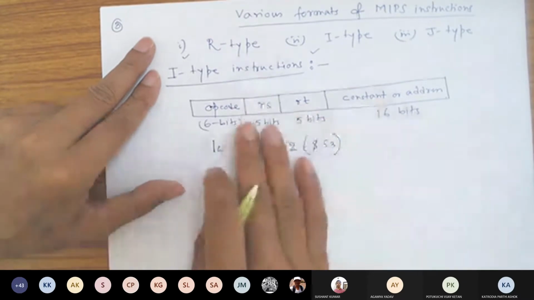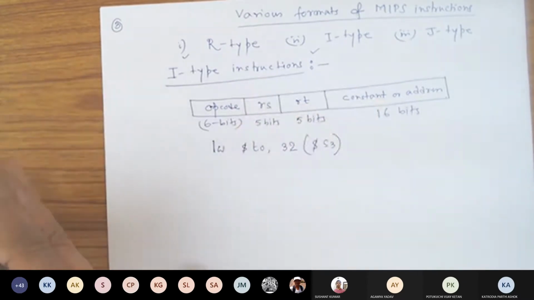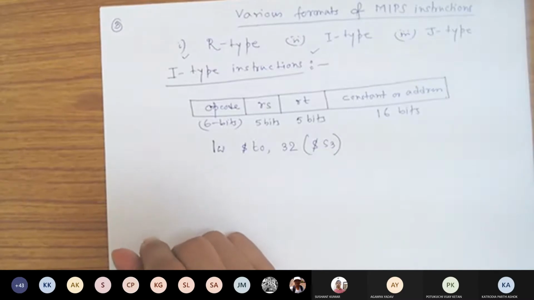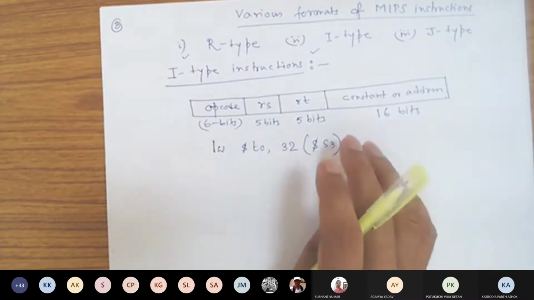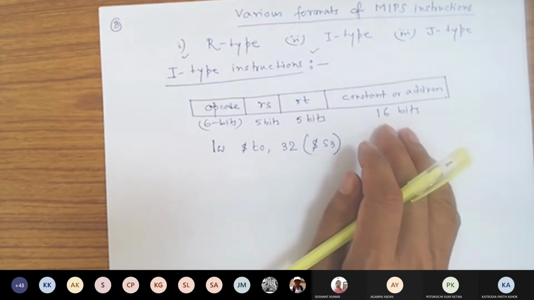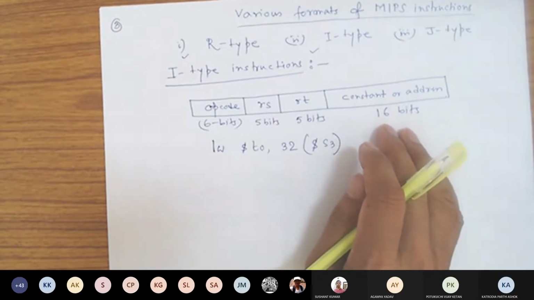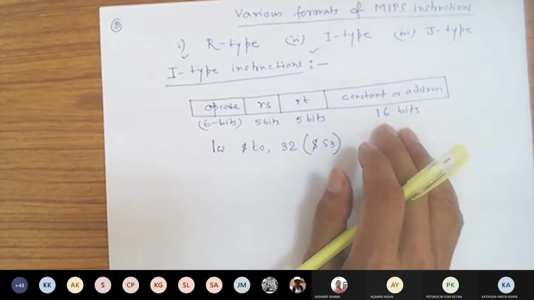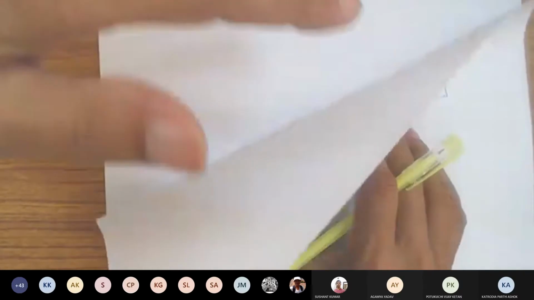So what we can understand here, more than 32 registers would be difficult in this format, because the RS and RT fields would each need another bit, making it harder to fit everything in one word. One word means 4 bytes.